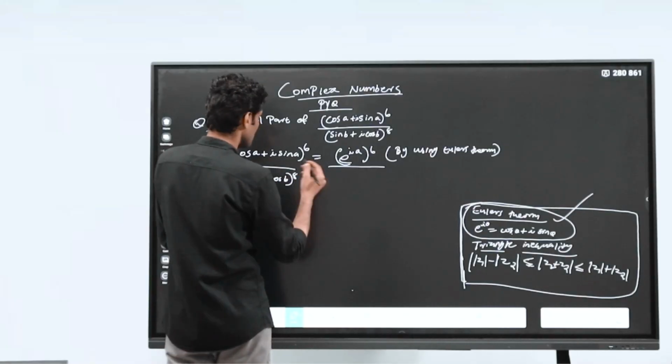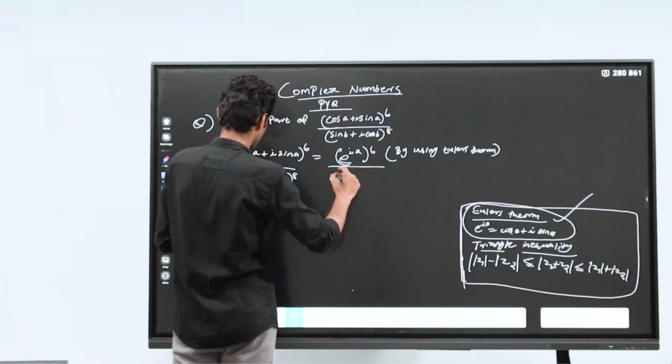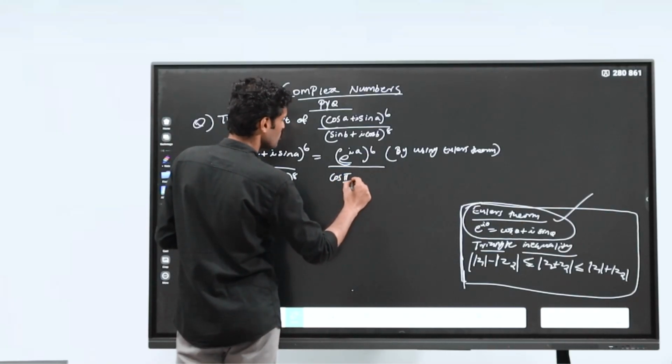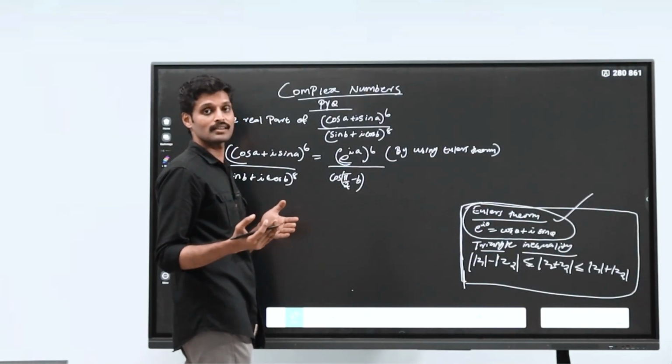For that, we convert sin B as cos of (pi by 2 minus B), as we know cos of (pi by 2 minus theta) is sin theta.